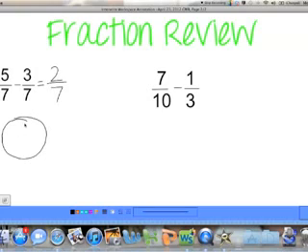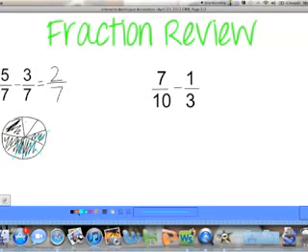If you have a pizza that's cut into 7 equal parts, and we start with 5, so 1, 2, 3, 4, 5, and then we take away 3, we're left with 2 pieces left.